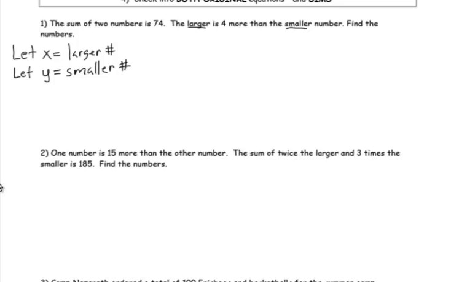All right, now the sum. Let's start translating. The sum of two numbers is 74. Sum is the answer to addition. So we do x plus y equals 74. The larger is. Okay, now remember, is translates into equal. What's our larger one? That's x.